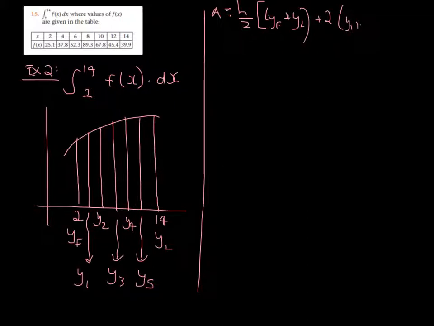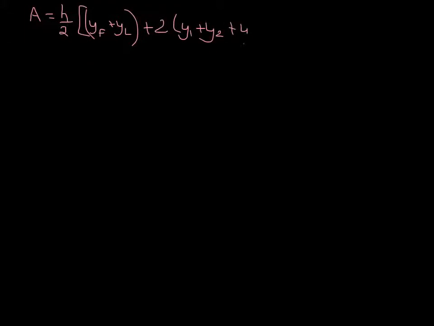So my trapezoidal rule was A equals h on 2 into the first plus the last in brackets plus 2 of the rest, and the rest in this case is y1 up to y5, and they're called ordinates.